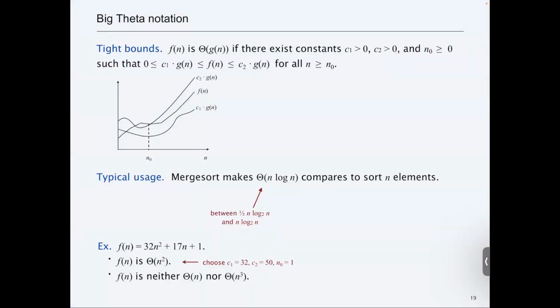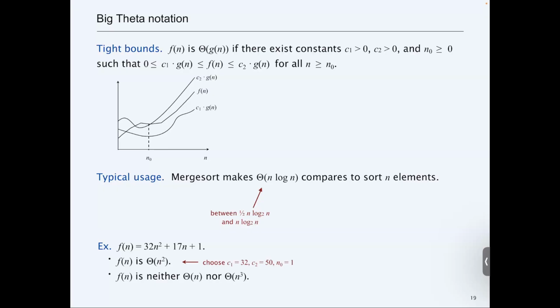If you understand big O as an upper bound, and you understand big omega as a lower bound, what big theta is going to do is combine these ideas. So big theta is going to combine big O and big omega together, and that's going to give us big theta notation. So big theta means that a function is both upper bounded and lower bounded by the same asymptotic function.